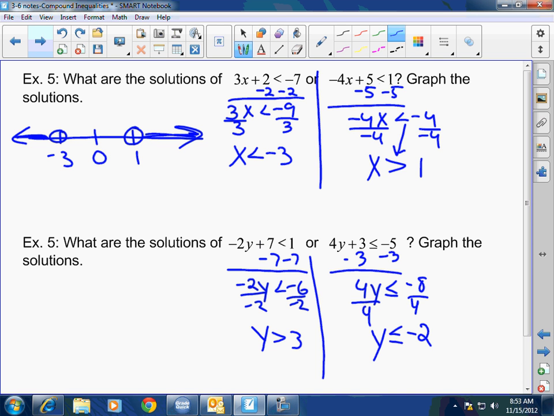I have a negative there. Oh, but you're not dividing by a negative. Yes. You got to divide by a negative or multiply by a negative to flip the inequality sign. Great job, gentlemen. So here's 0, here's 3, here's -2. Greater than, open circle to the right, y is less than or equal to -2, closed circle to the left.